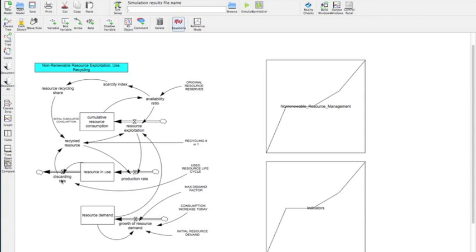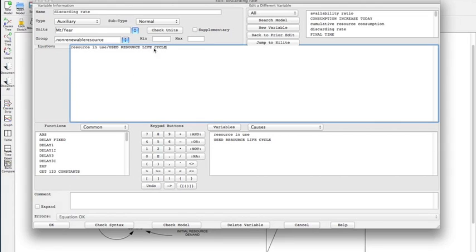Let me talk a little bit about the discarding rate, which is the easier one to look at. The discarding rate is computed as how much resources you have used divided by the used resource life cycle. And this is, if you imagine that when you develop an oil product like the oil that you put in your car or the gasoline, these products have life cycles.